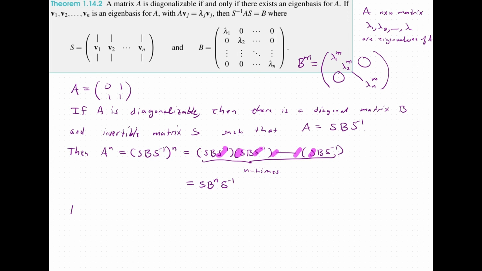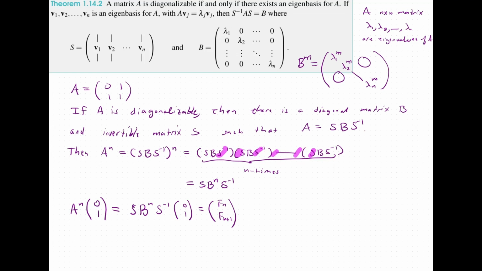So our question of finding A to the n times the column vector 0, 1, if A ends up being diagonalizable, which we will show, then this will result in SB to the n, S inverse, times the column vector 0, 1 gives us back the nth Fibonacci number and the (n+1)th Fibonacci number. And so that's where we are headed.